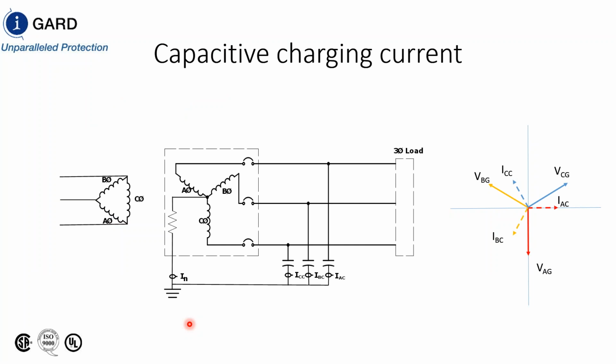So when you apply a neutral grounding resistor to a specific system, we have what we call the capacitive charging current. And the capacitive charging current is a measure of how large your electrical system is. Every conductor in your electrical system has a potential to ground.